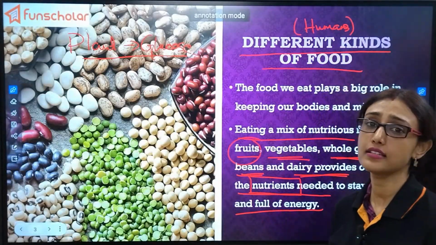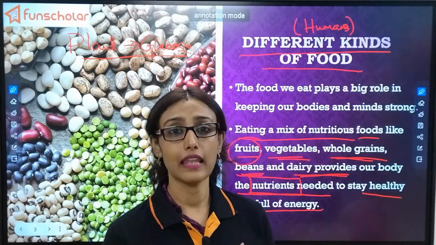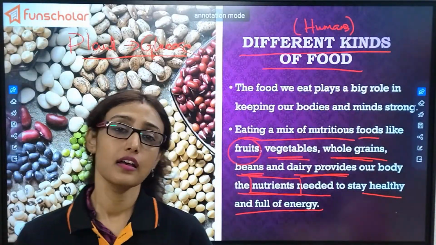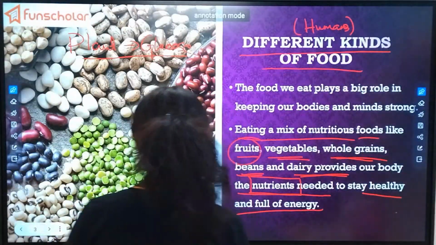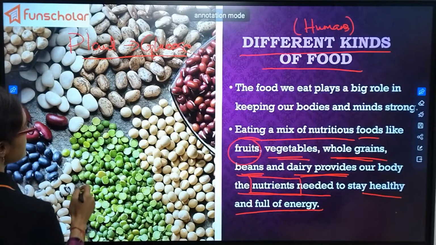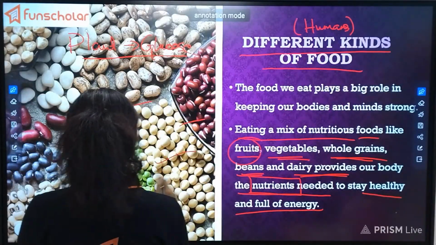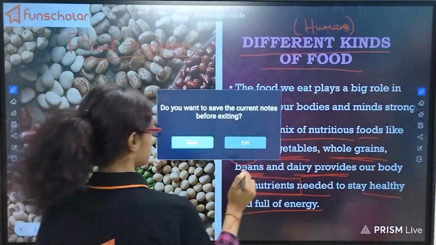And we find this from different types of food like fruits, vegetables, pulses, dals, and other things. Okay? See, this is bean, this is rajma, this is matar, this is pea, etc.